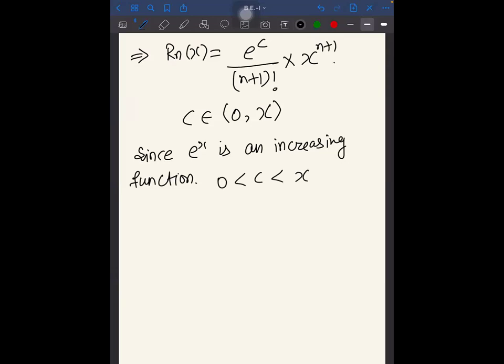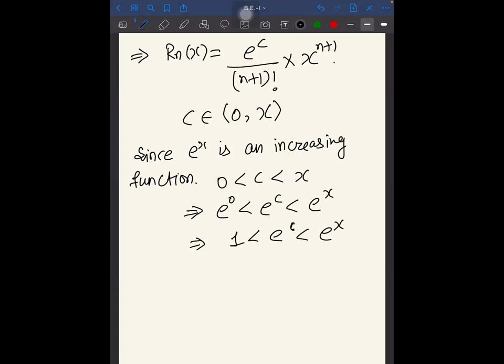So your e^c will lie between e^0 and e^x, so between 1 and e^x.